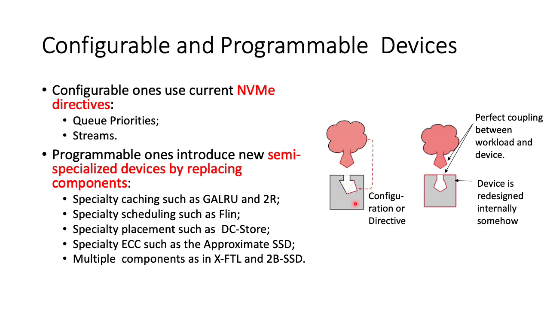So this is a step further in our design space. If we move even further, there are actual programmable devices that could have entire subsystems tweaked or changed in terms of caching, scheduling, placement, ECC, etc. that could be changed in a way that would adapt particularly well to a given workload.